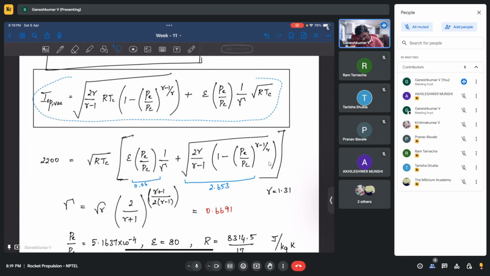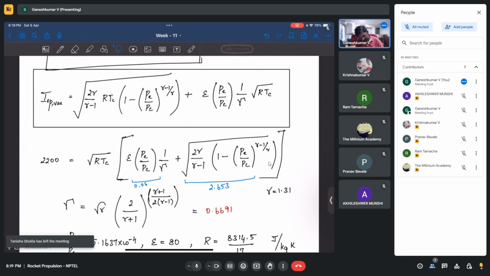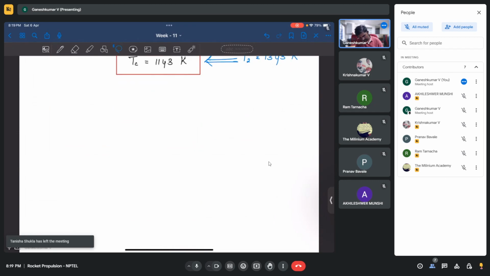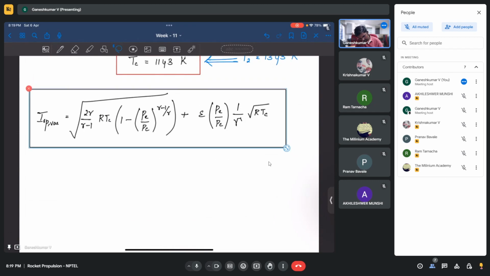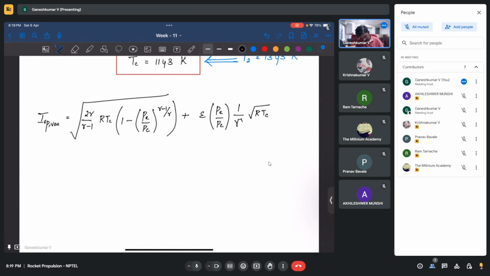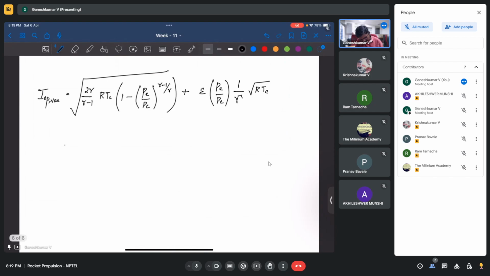So this is the ISP equation for the vacuum conditions. Copy. Paste. So now we need to find gamma of the mixture. Now since you do not have only ammonia, you are going to have ammonia, hydrogen and nitrogen as a mixture.